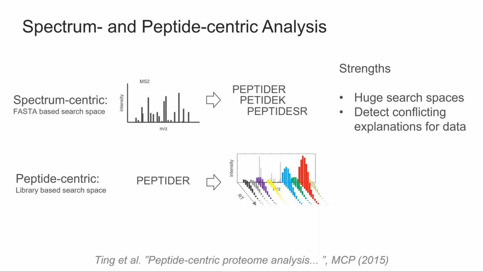But then it also has an advantage in detecting conflicting explanations for DIA data, and that's also inherent to the way the search space is queried with the spectra. Now, the strengths for the peptide-centric analysis, on the other hand, are certainly the speed, but also the quantification. And again, this is inherent to the way the data is being analyzed, that this approach is very well suited for quantification.